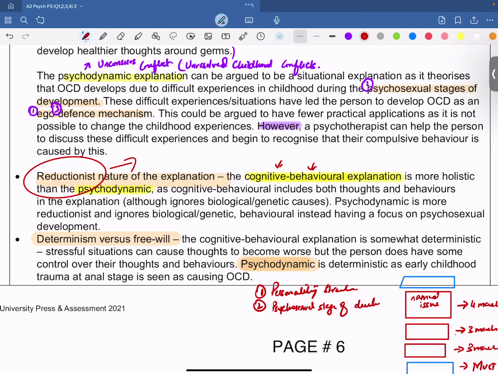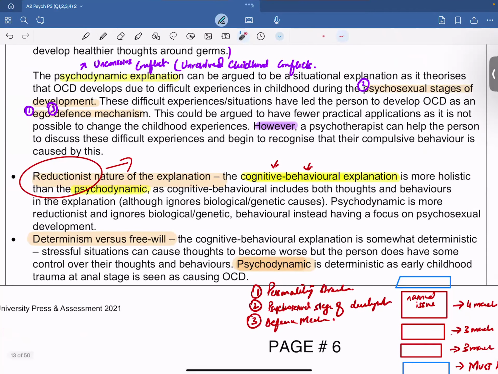You do realize, as I'm using the word every individual, that is automatically making this more deterministic. So moving on, the cognitive behavioral explanation is somewhat deterministic. That is, stressful situations can cause thoughts to become worse, but the person does have some control over their thoughts and behavior. Psychodynamic is deterministic, as early childhood trauma at anal stage is seen as causing OCD, right?